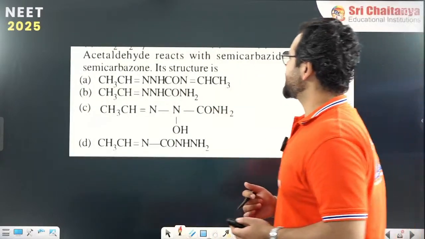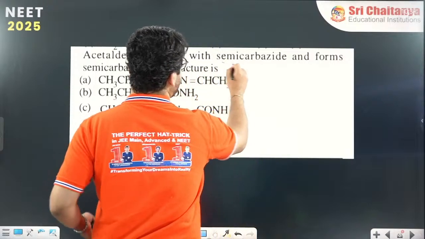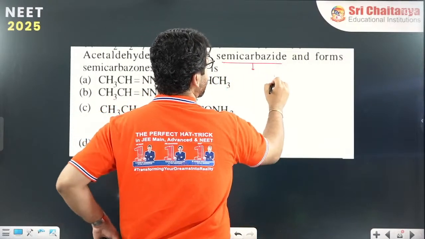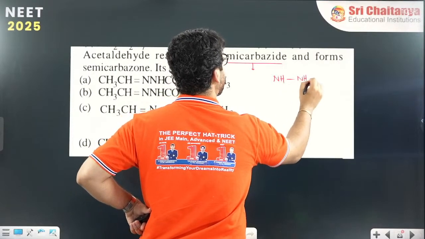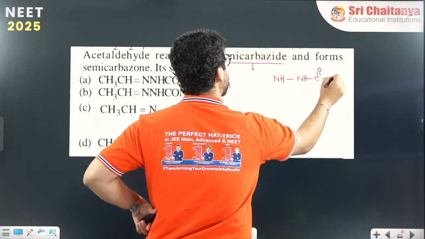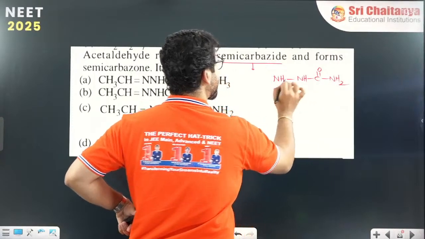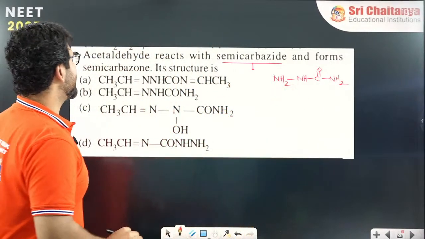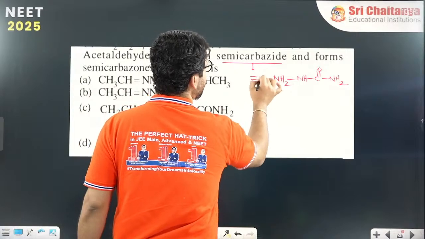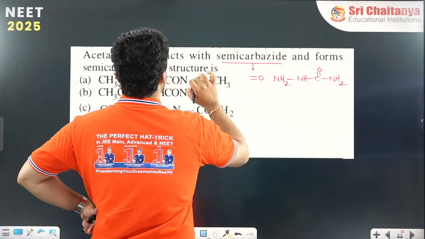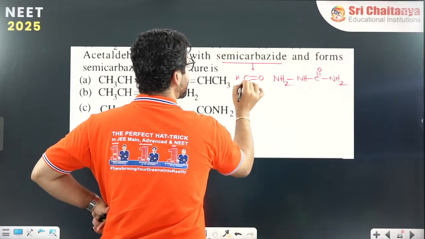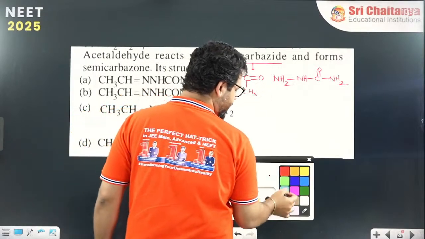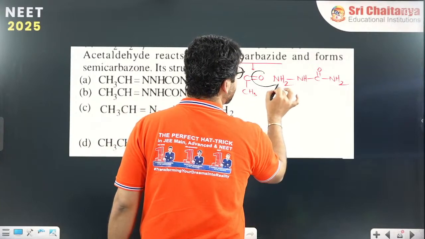Next one. Acetaldehyde reacts with semicarbazide. What is semicarbazide? It is hydrazine attached to a CONH2. This is semicarbazide. Whenever any aldehyde reacts with any hydrazine derivative, it just undergoes a condensation reaction where water gets released like this, H2O.